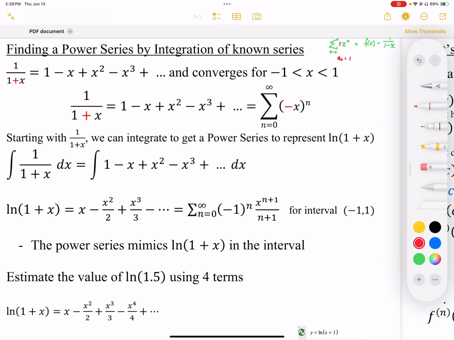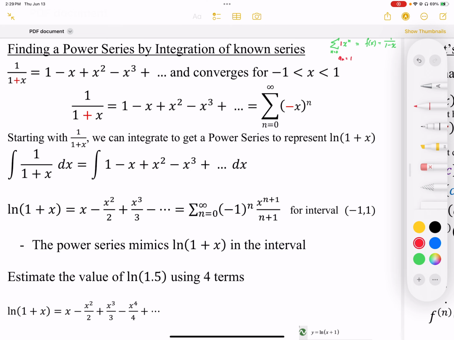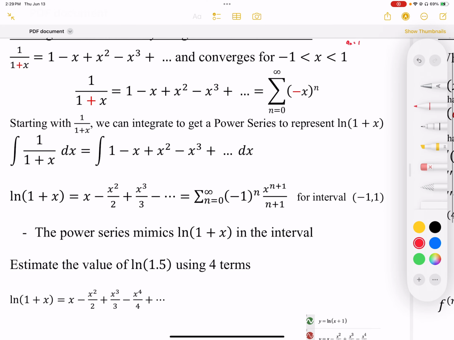And we're going to generate a new function by integrating this. So if we start with 1 over 1 plus x and integrate it, we're going to end up with the function log of 1 plus x. So if we integrate the series, which is equivalent to 1 minus x plus x squared minus x cubed, we're going to get a series that represents the integral of that function.